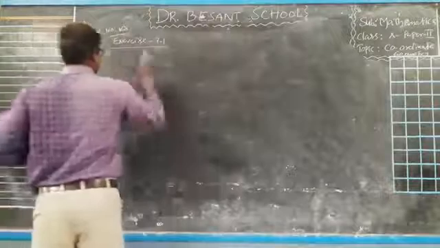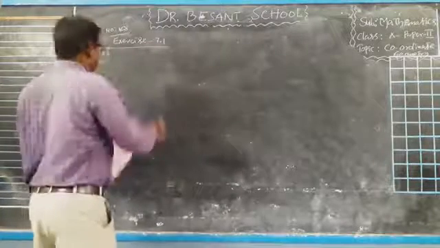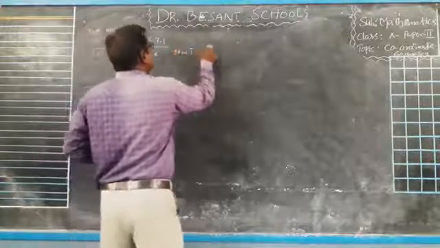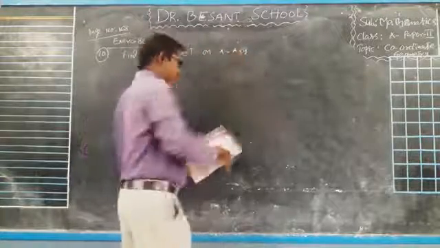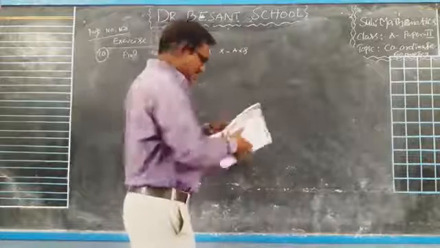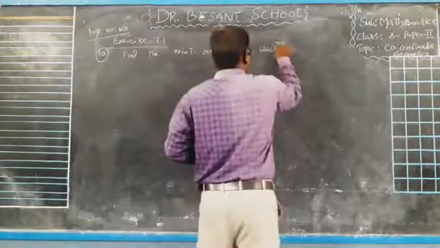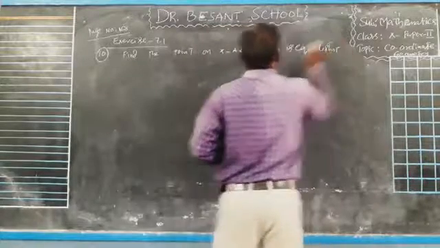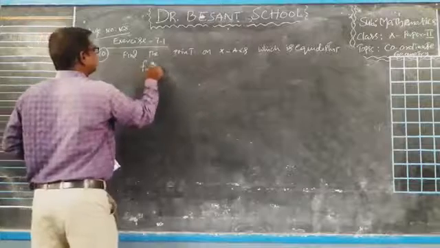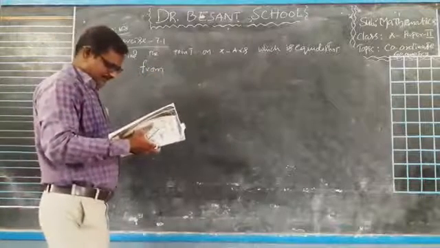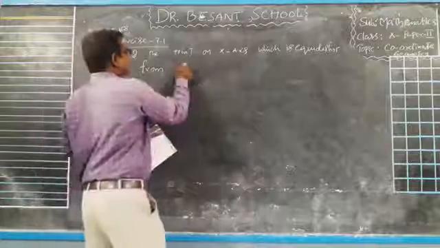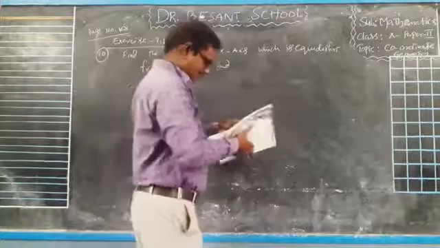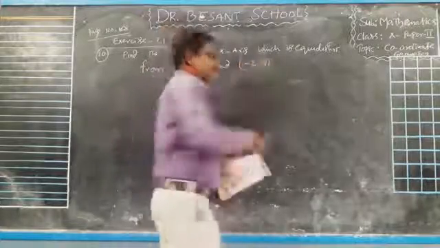I will explain you. Find the point on x-axis which is equidistant from (2, -5) and (-2, 9).